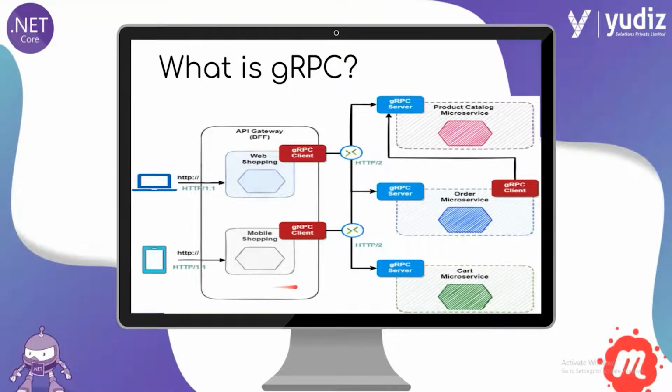Servers run on HTTP/2 to communicate internally with each other. A gRPC server can also be a gRPC client for another gRPC server. It's in binary format, so it's much faster compared to other message formats.